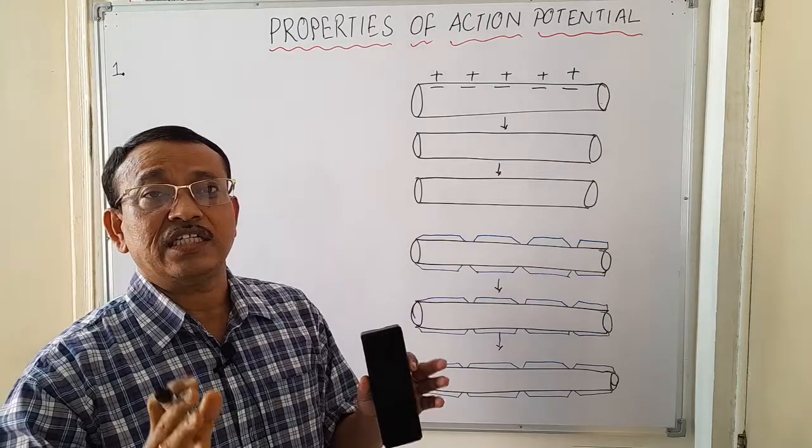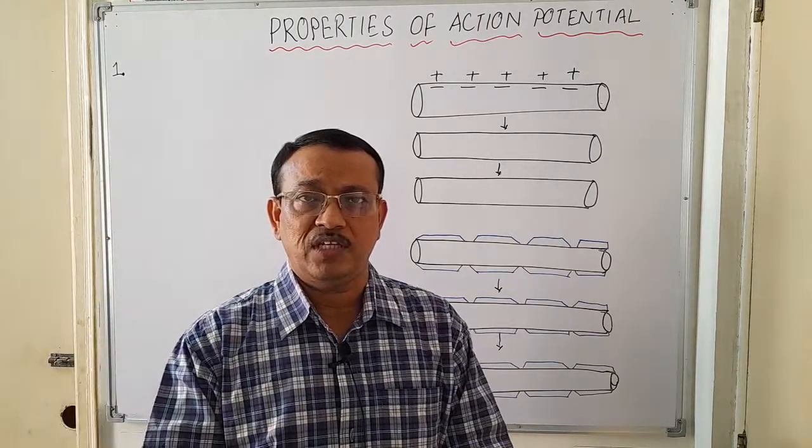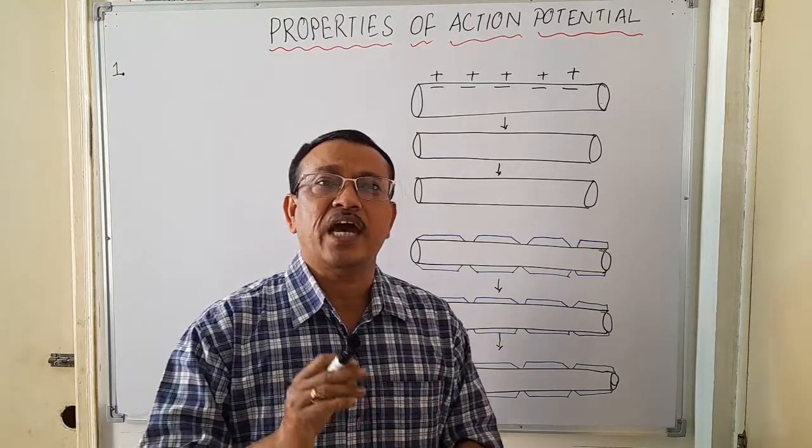That means it is propagated from one part to the other part of the cell membrane. And these changes of the membrane potential are known as the action potential.